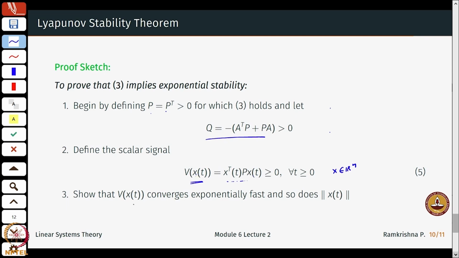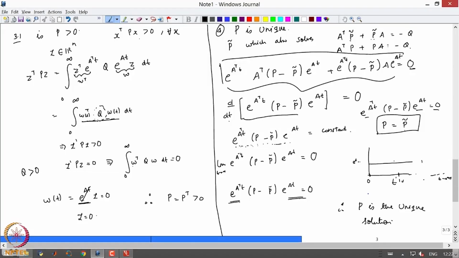If I show that V of x of t converges exponentially fast, then the norm of x of t will converge exponentially fast, and this will also mean that the solution of our original system converges exponentially fast, resulting in exponential stability. We will write that down one by one and then check for ourselves.